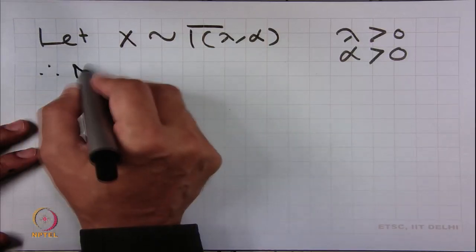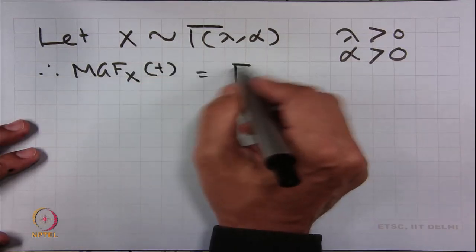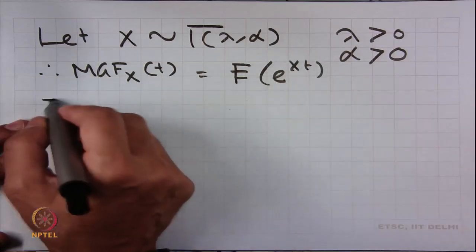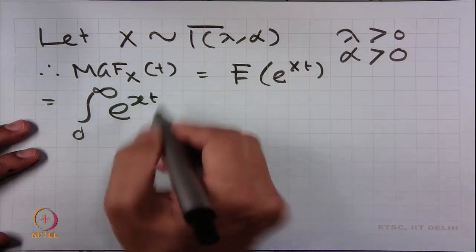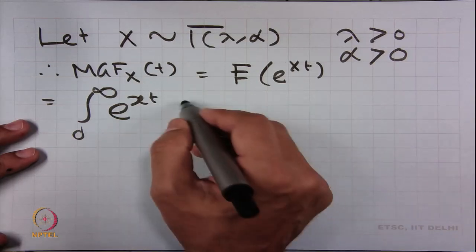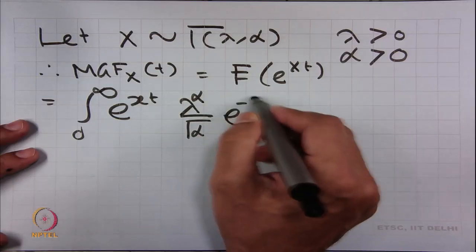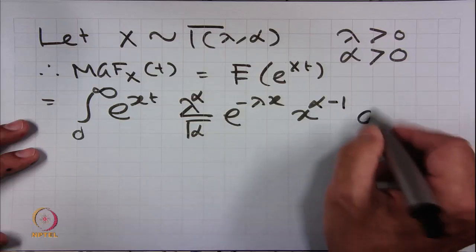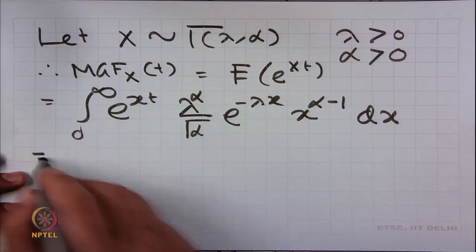Therefore, moment generating function of x is equal to expected value of e to the power xt, which is the integral from 0 to infinity of e to the power xt multiplied by the PDF of x, which is lambda power alpha upon gamma alpha e to the power minus lambda x, x to the power alpha minus 1 dx.